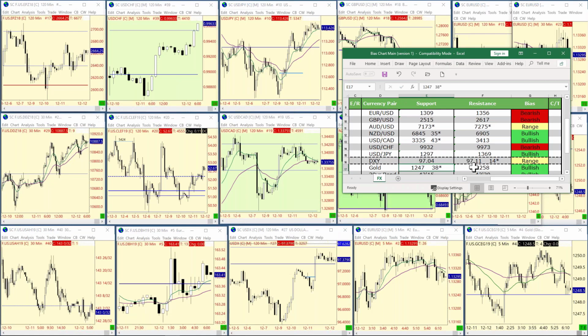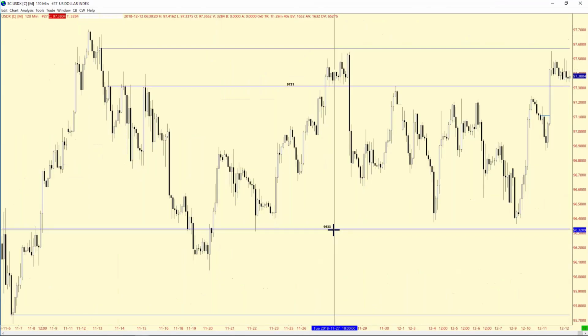And it's important that we got above this 97.14 on a daily. That has turned this thing bullish. Obviously, the key thing would be to defend that, but holding up above 97.14 has certainly flipped this thing towards a bullish mode.